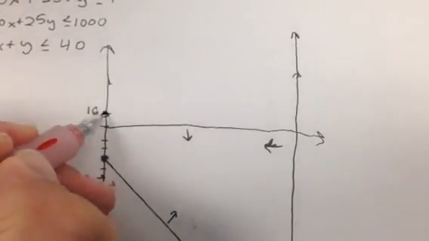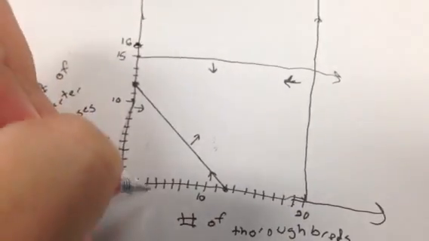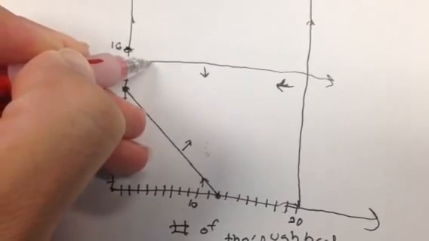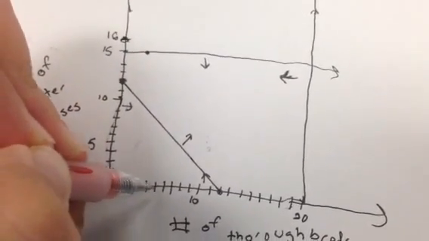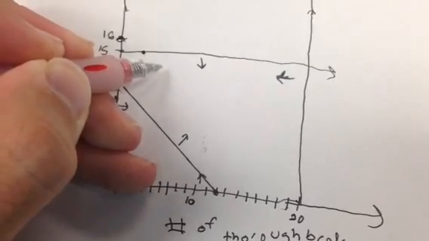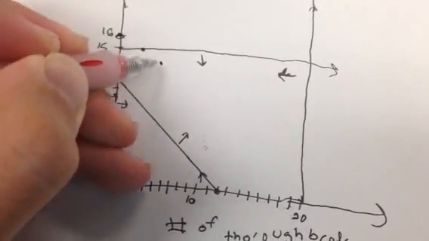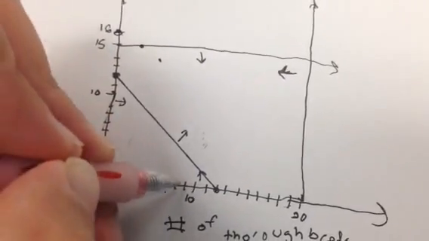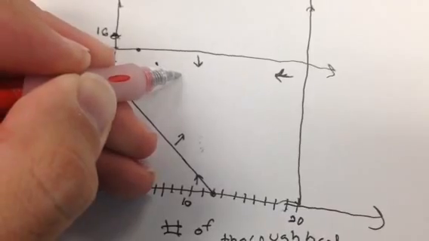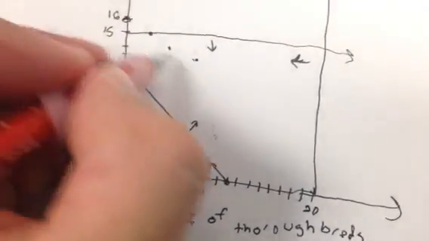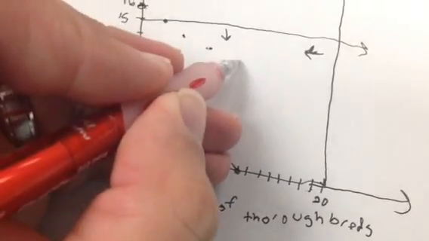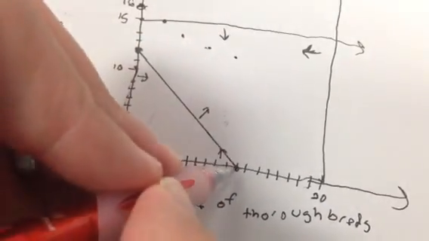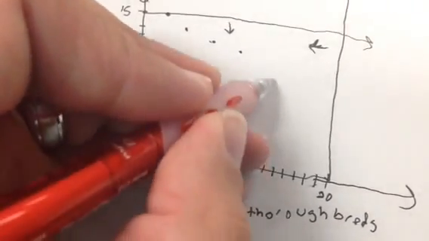So from here, being our y-intercept, we can go down 1 over 3. Down 1 over 3. 3, 6. Down 1 over 3, over 9, and then to 12, then to 15, 18.